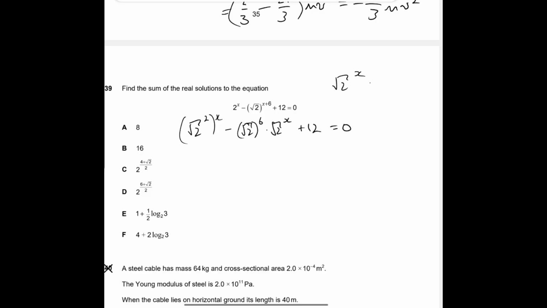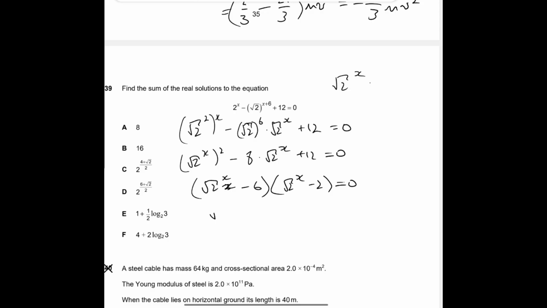So that's going to be root 2 to the x squared minus 8 root 2 to the x plus 12 equals 0. So what that means is that root 2 to the power of x equals 2 or 6.